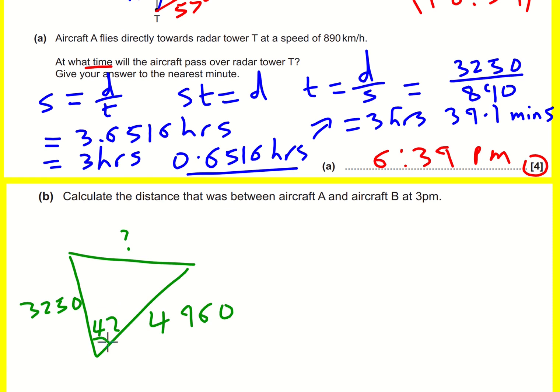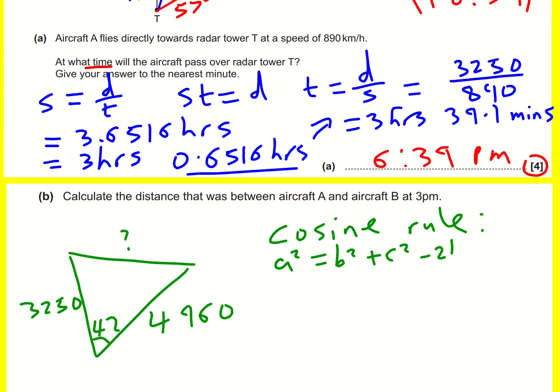I don't have an angle-side pair going on. It's not the sine rule. It's actually going to be the cosine rule that I need to use. So let's just write that down and then talk about it. a squared equals b squared plus c squared minus 2bc cos A. Not going to show you right here where that comes from, but it is a formula that you need to know.